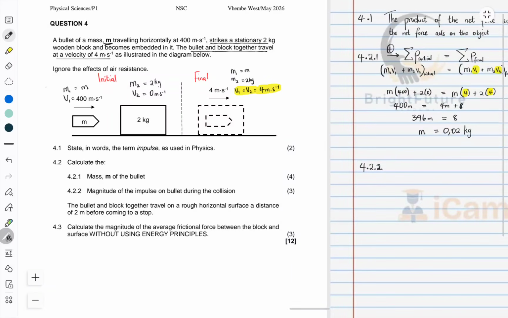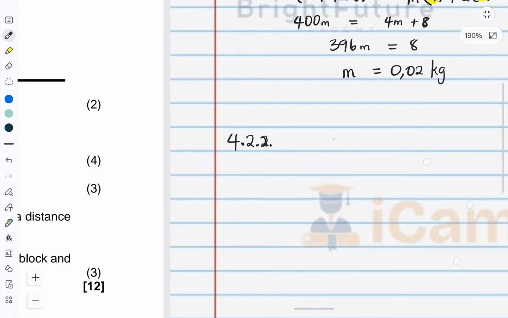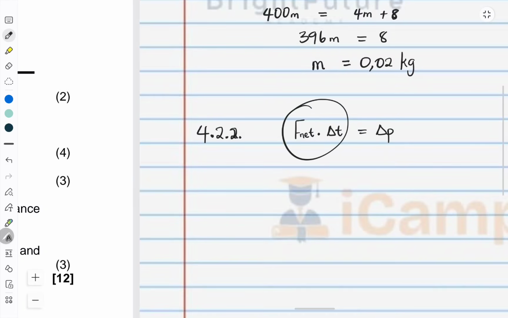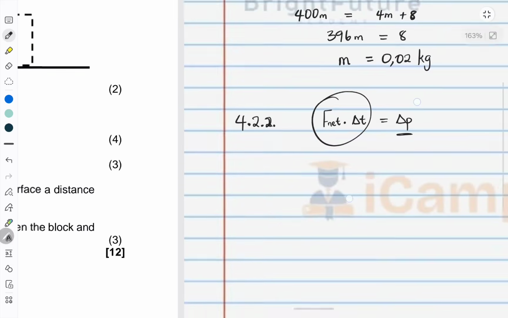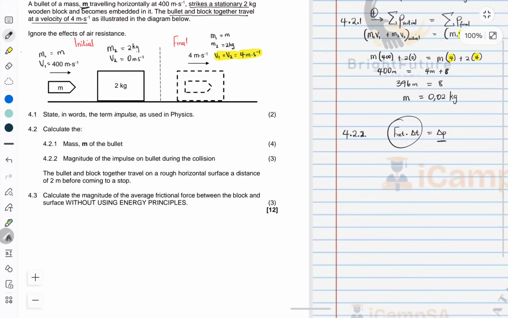Okay, magnitude of the impulse on the bullet during the collision. Remember what we said? We said impulse is simply F net times delta t, which is basically the change in momentum. That's our impulse. So we don't know this side, right? But we know the change in momentum because we know the initial velocity of the bullet and the final velocity of the bullet.